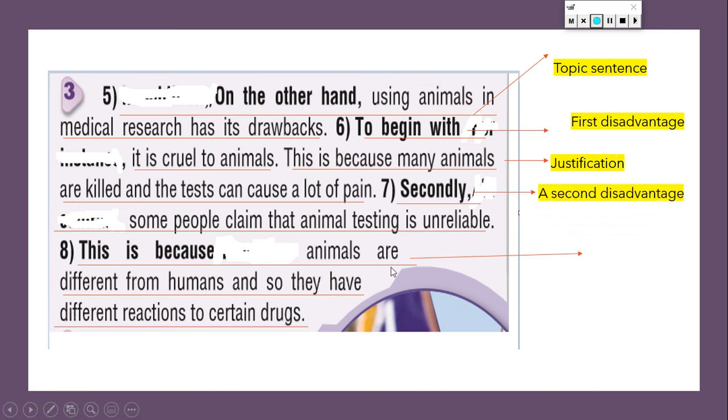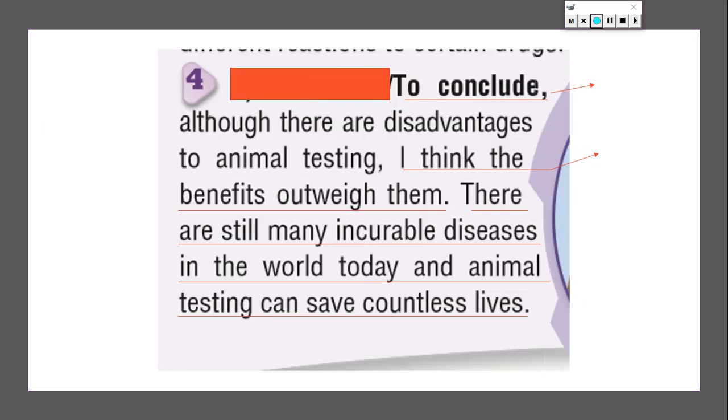Some people claim that animal testing, now look at this, is unreliable. Why? This is because animals are different from humans. So as you can see here, we are justifying our answer. So this is justification. Now the fourth paragraph, this is the answer, of course, to conclude, and means to summarize.